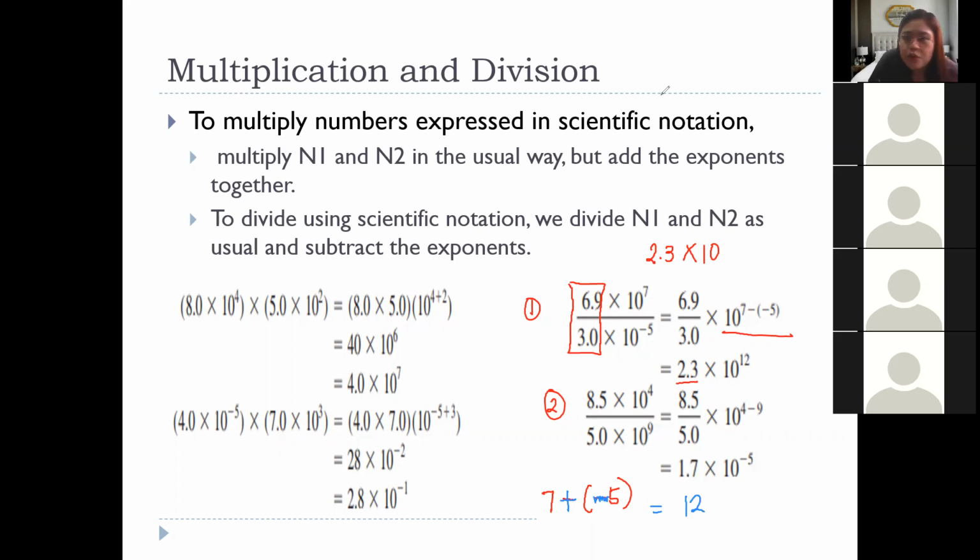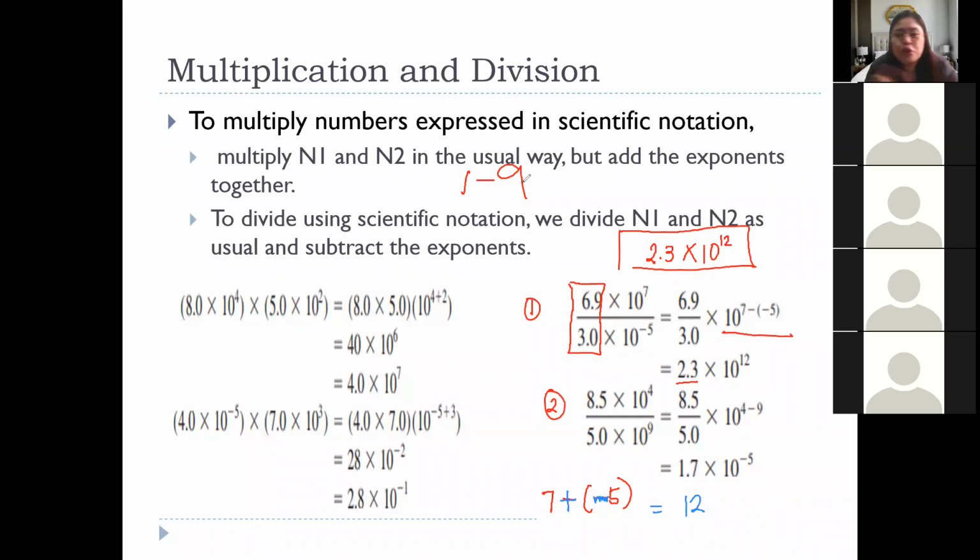So that is the reason why the exponent becomes 12. This is now the final answer. No need for adjustment, both in the given and in the final answer, since this is already 2.3. It fits in 1 to 9.